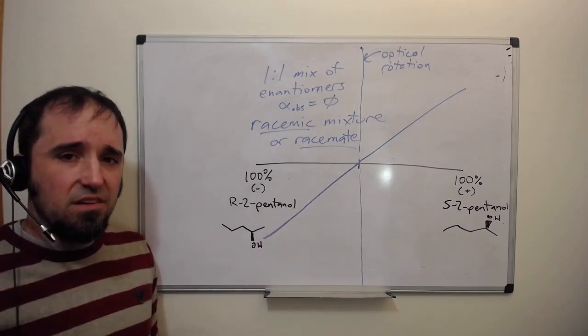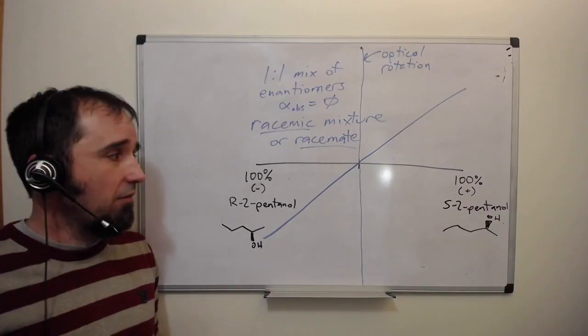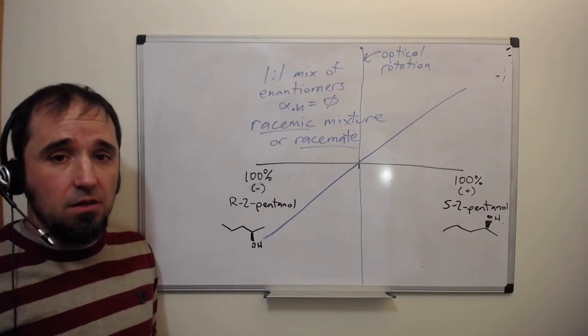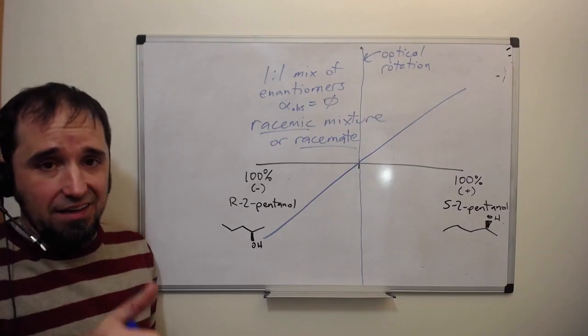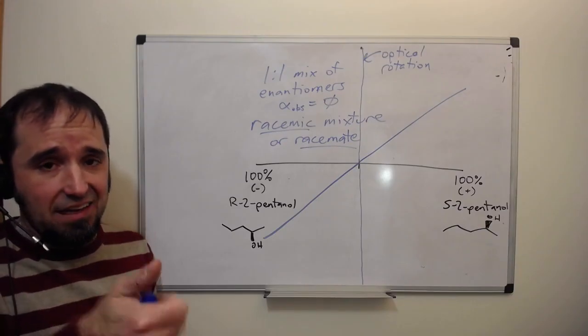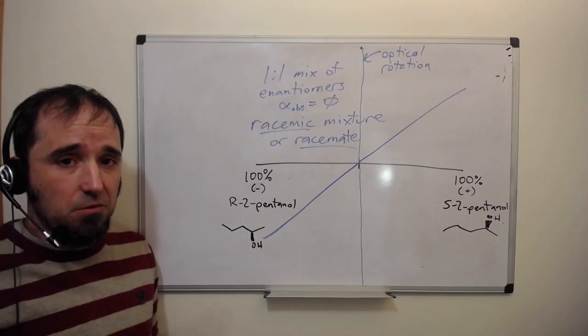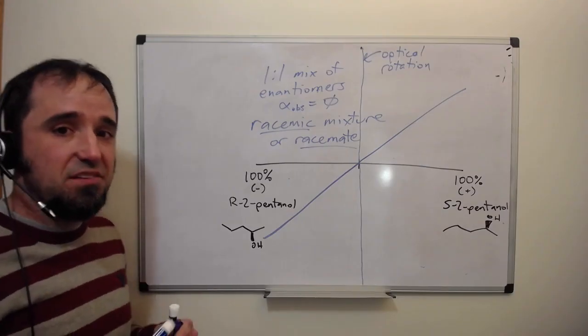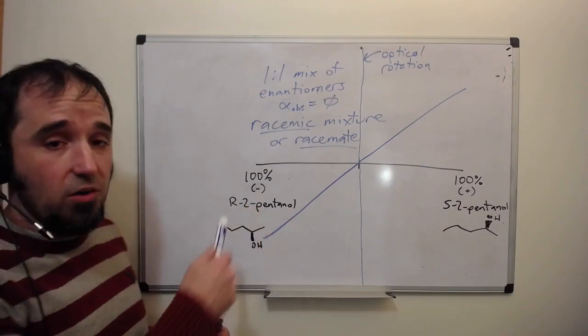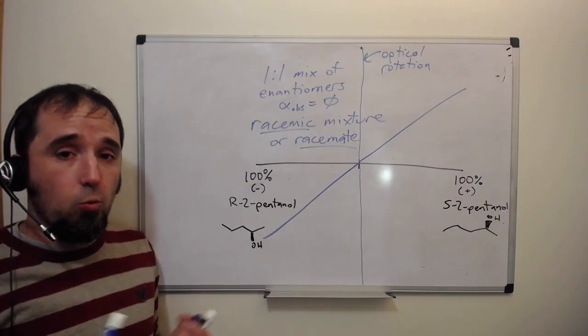It stands to reason that a 50% mixture of both, a 1-to-1 mixture, would have no optical rotation. For every molecule rotating light to the right, you have a molecule rotating light to the left, so everything evens out. We have a special name for that. That's a racemic mixture. It's a 1-to-1 mixture of enantiomers, or a racemate.